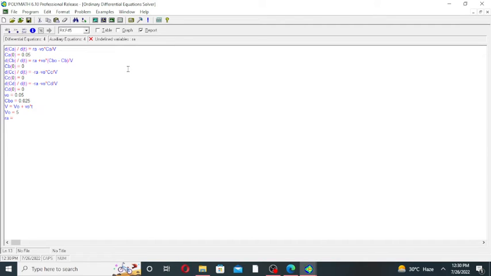Ra is equal to minus K into Ca into Cb. Remember, we are writing these differential equations in terms of the rate of component A. There was Rd, but Rd from the relative rate was equal to minus Ra.